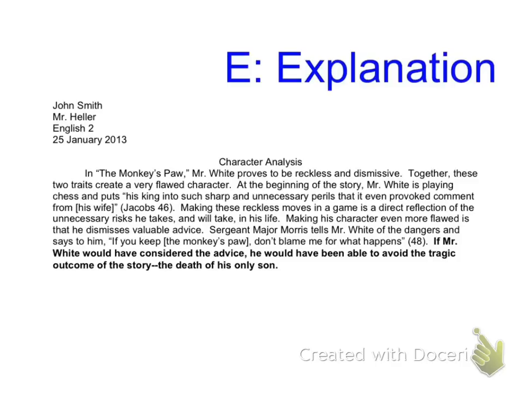If Mr. White would have considered the advice, he would have been able to avoid the tragic outcome of the story, the death of his only son. Here is the L, here is the E that explains that L, and together they prove our second trait.